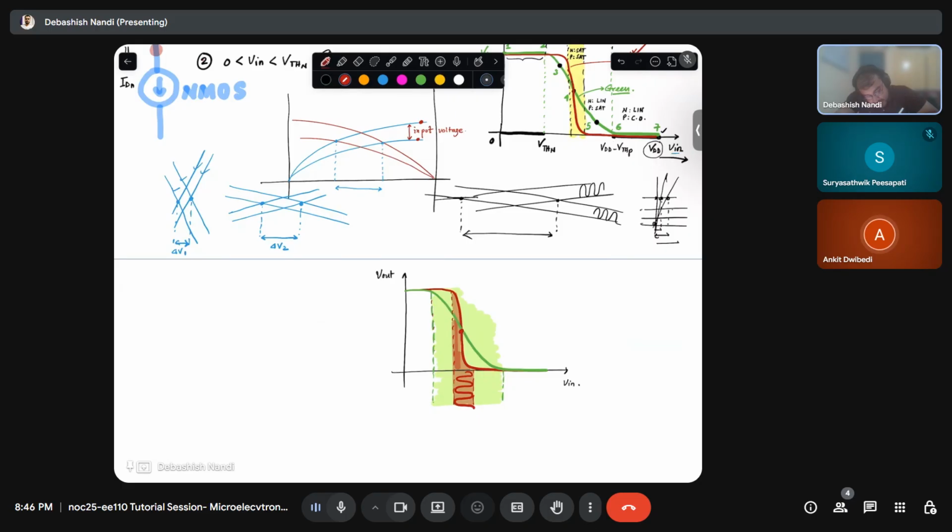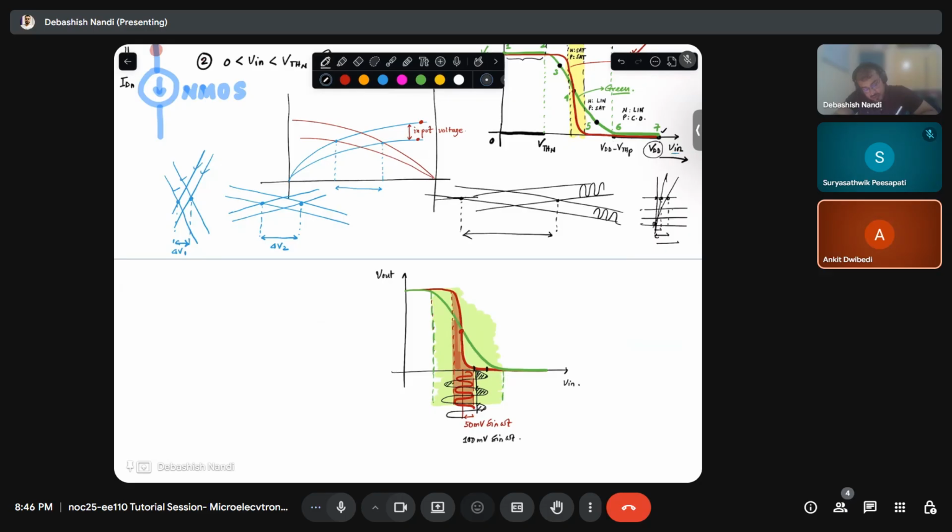For example, this is your 50 millivolt sine omega t. So can you amplify a 100 millivolt sine omega t with this? A signal that is like this. Can you do that? No, sir. Your signal will get lost at this region, right? Because in this case, this portion of your signal will be lost.